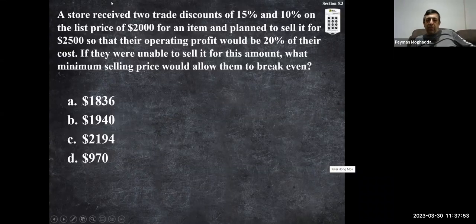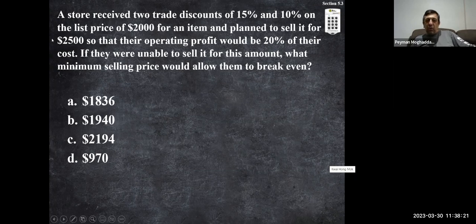So basically, I just want to explain this. The list price is $2,000, but the store received two trade discounts of 15 and 10. It means that the store received this item at the net price. So you have the list price and two trade discounts, you can find the net price, and that's going to be the cost for the store to receive that. So there's going to be the item cost.